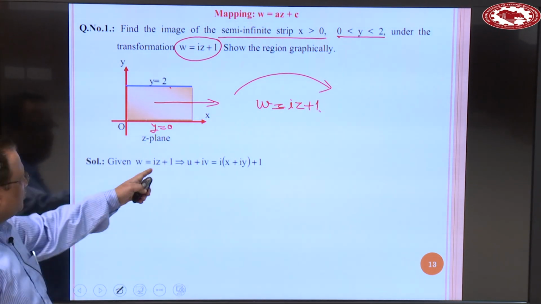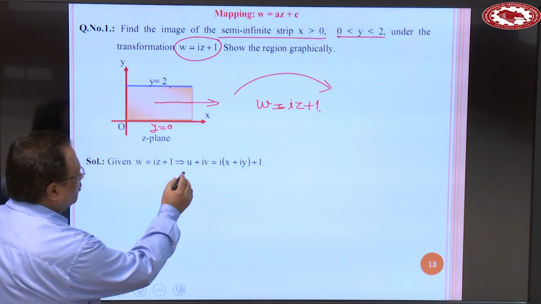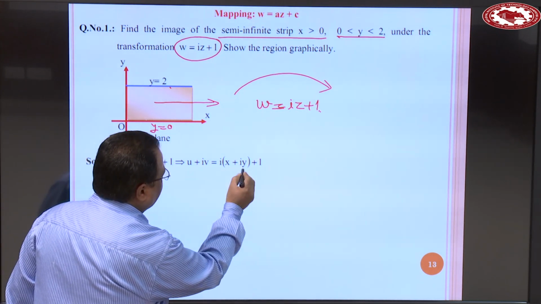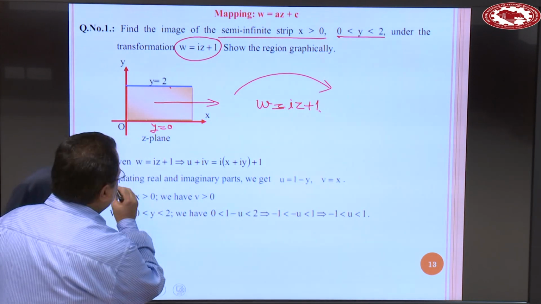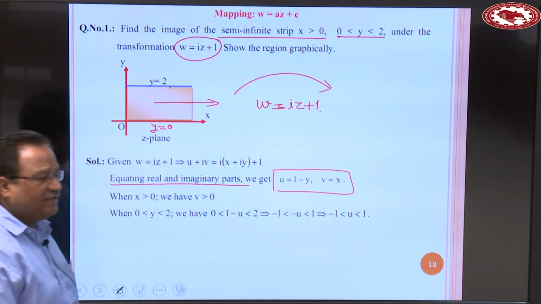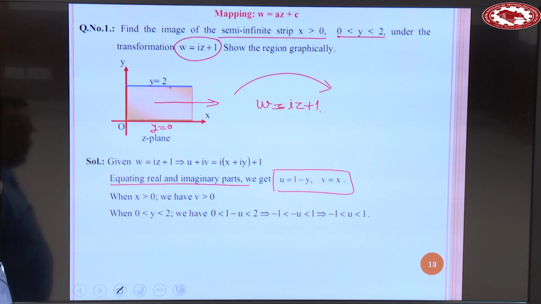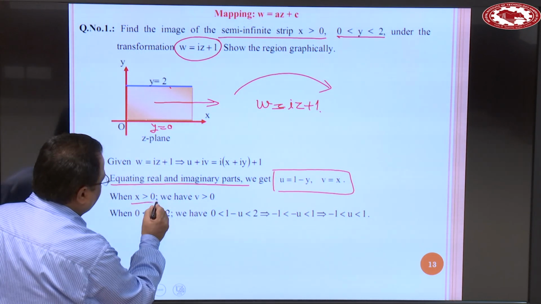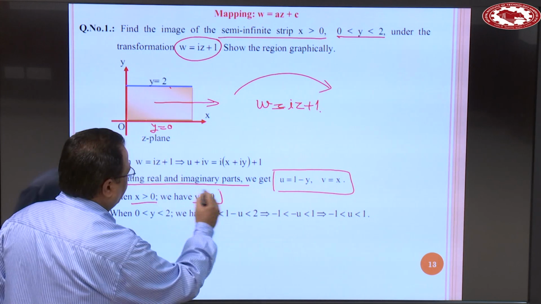So given w is equal to iota z plus 1, this means u plus iota v is iota x minus y plus 1. Equate the real and imaginary parts, we get u is equal to 1 minus y and v is equal to x, clear. Now when x greater than 0, then obviously v greater than 0.